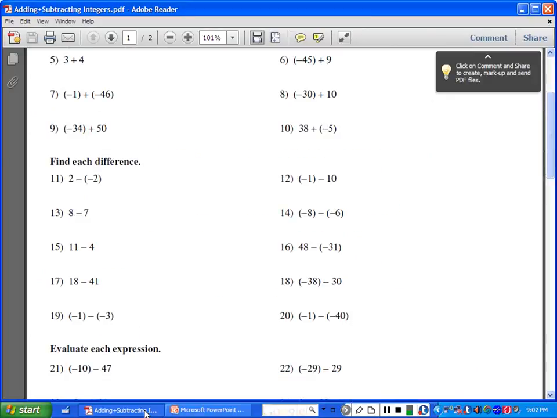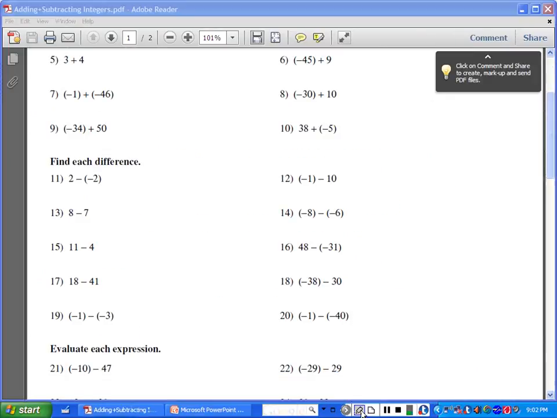For number 11, we have 2 minus a negative 2. So we're going to change this minus sign to a plus sign and change the negative 2 to its opposite. The opposite sign will be positive. So really we have a 2 plus a positive 2, which is 4, because we have the same sign, so we sum.